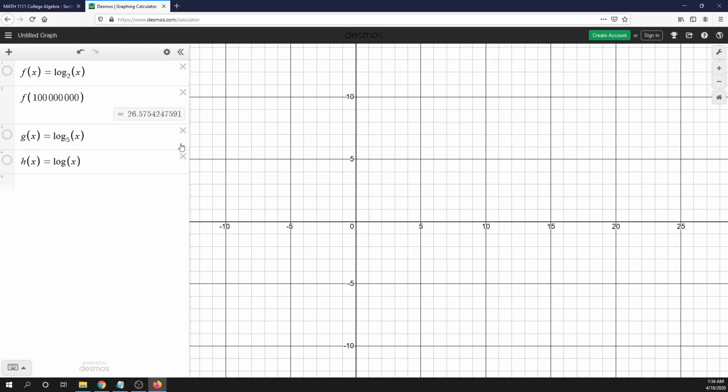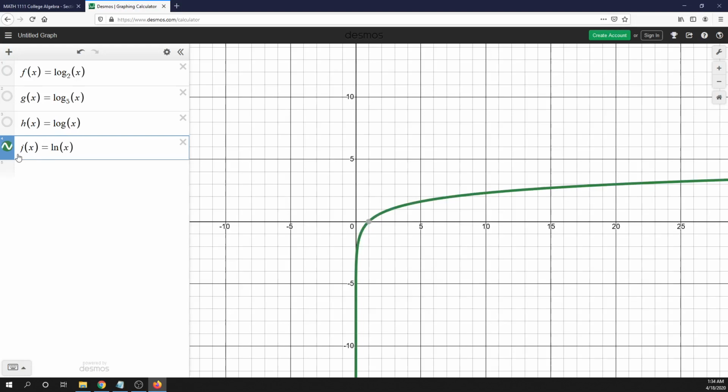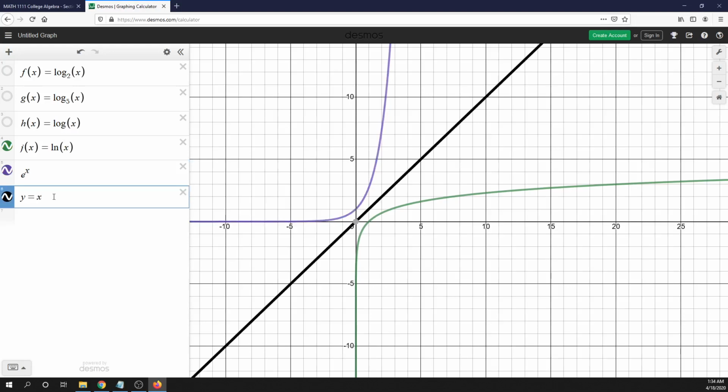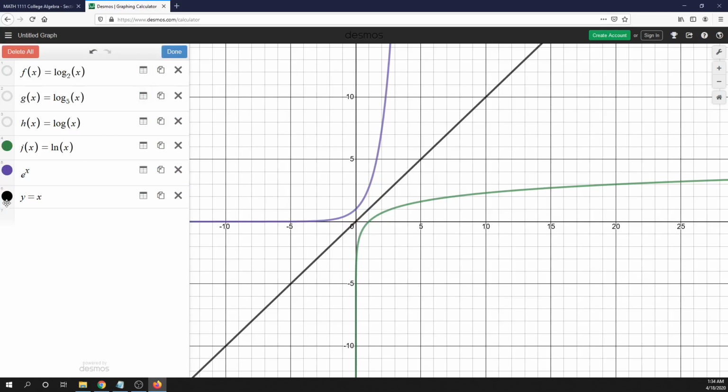One other thing that I want to point out about all of these logarithmic functions is that they are inverses of the exponential functions. So for instance, if I take a look at the graph of ln x and the graph of e to the x, and graph it about the line y equals x, you can see that the function ln x, this green one, and the purple one, e to the x, their graphs are symmetrical about this line y equals x.